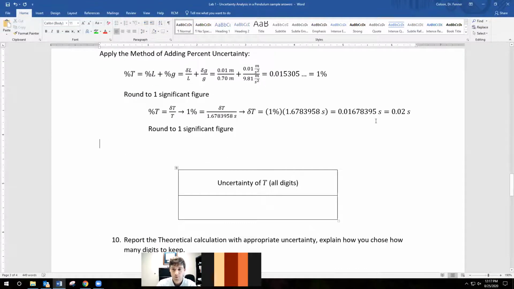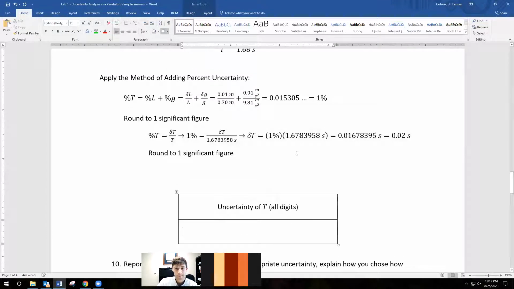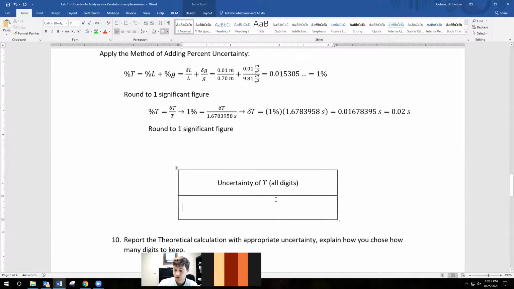Or, actually, it's not, I guess we won't round yet. So all the digits would be 0.0678395 seconds. Yeah, so just repeating this number. There could be more digits in there if we wanted.